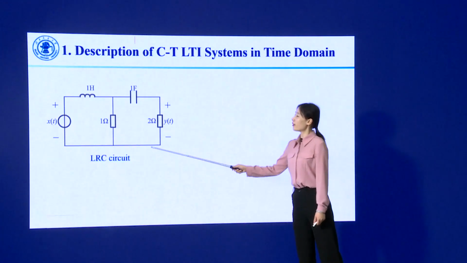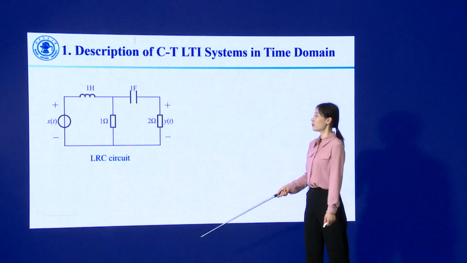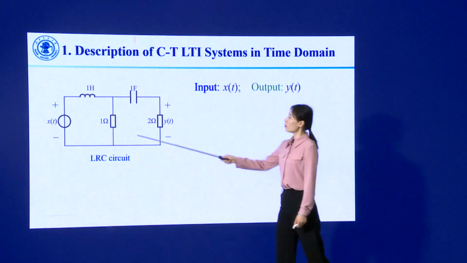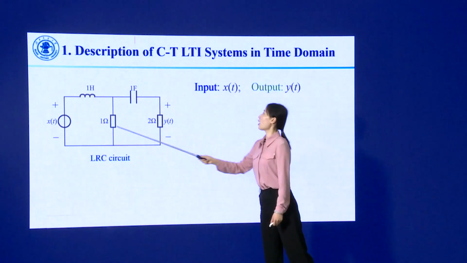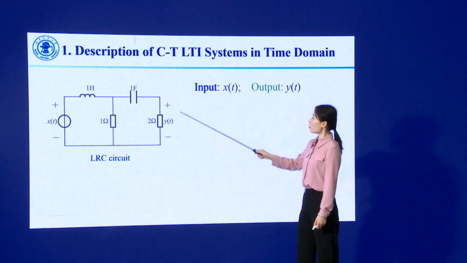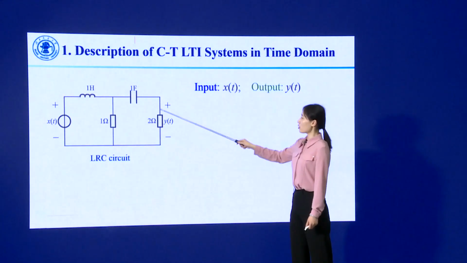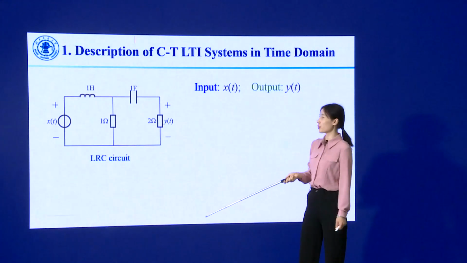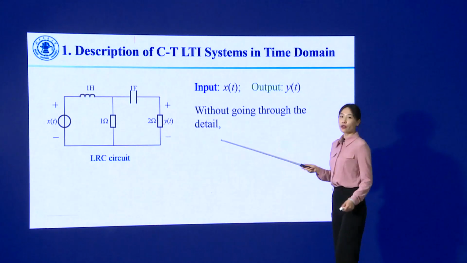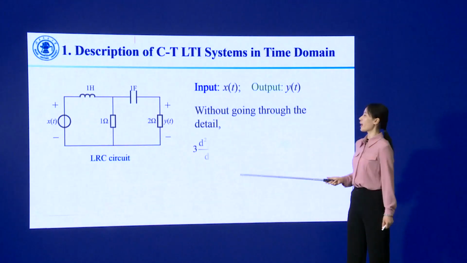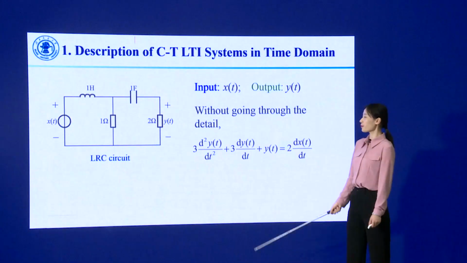Here is an LRC circuit. We also use the voltage source as the input and the voltage on the resistor as the output. Without going through the detail, we can get the following equation.